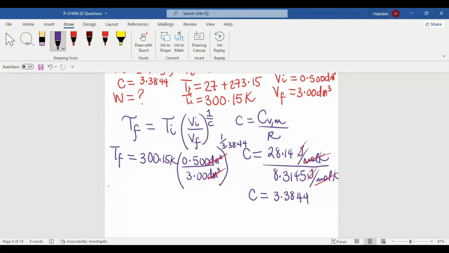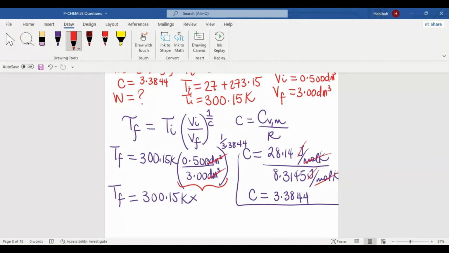So T final is equal to 300.15 kelvins times this information here. You put it in your calculator, meaning 0.500 divided by 3 raised to the power of 1 over 3.3844.